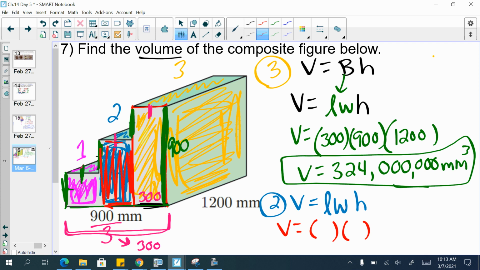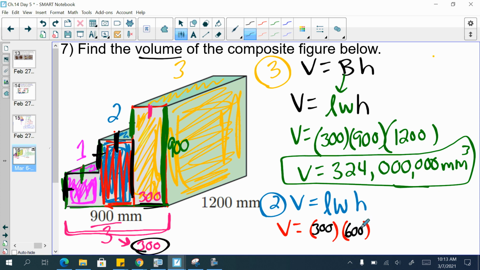So the length, again, look for that little marking here. We said one of these little marked sections is 300. Remember when we found that earlier? And then the height would be, what do you think? So again, it's 2 of these little sections combined. So 300 plus 300, or 600.